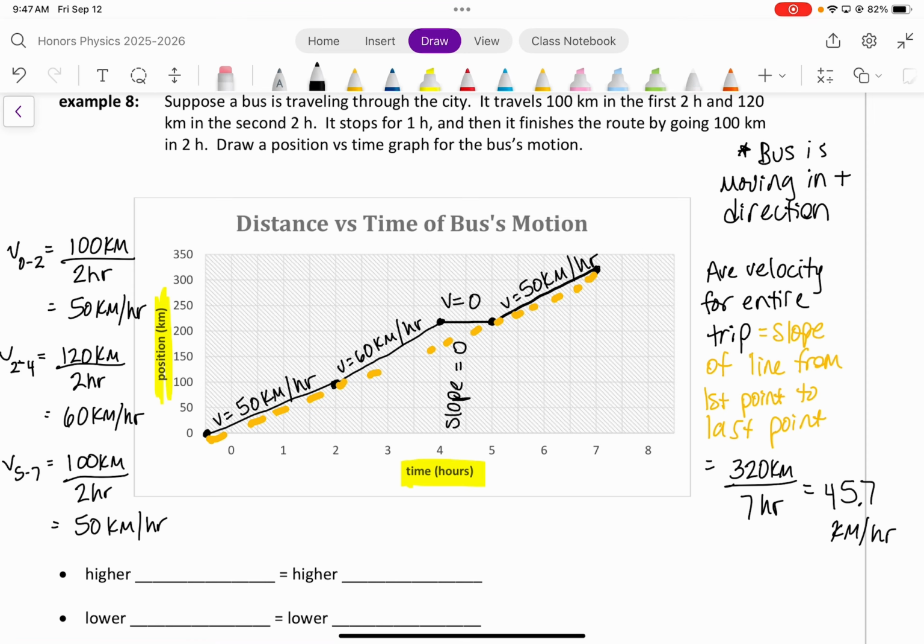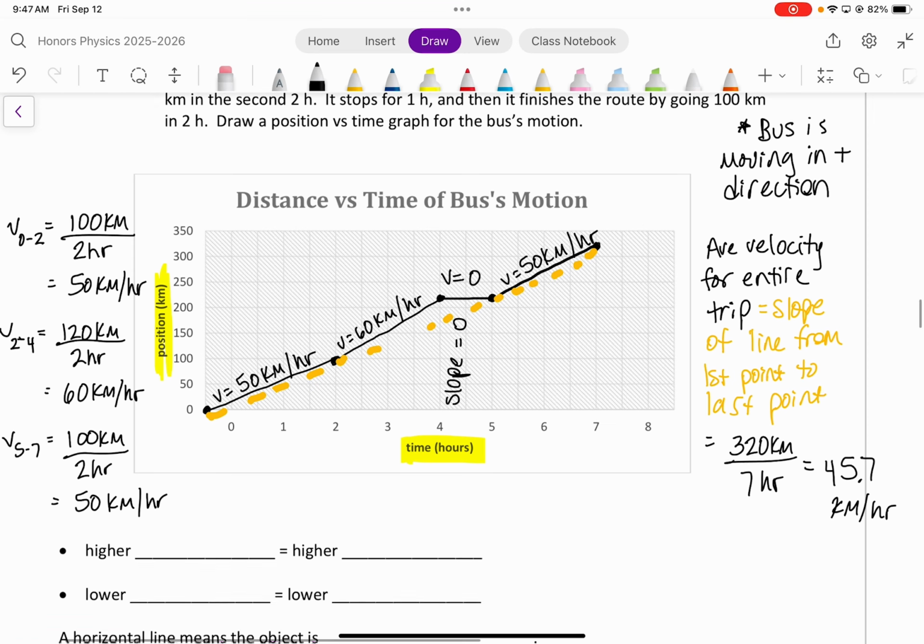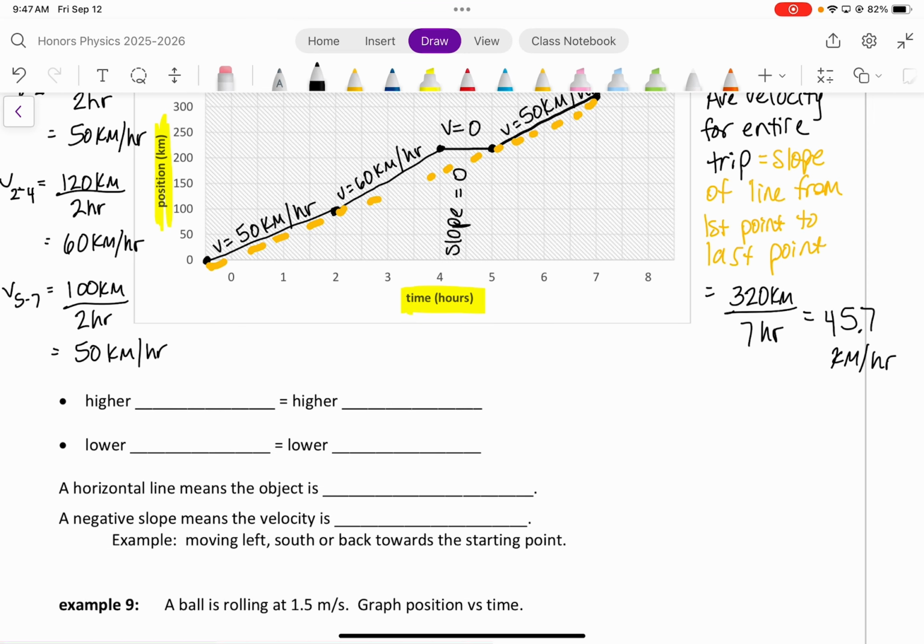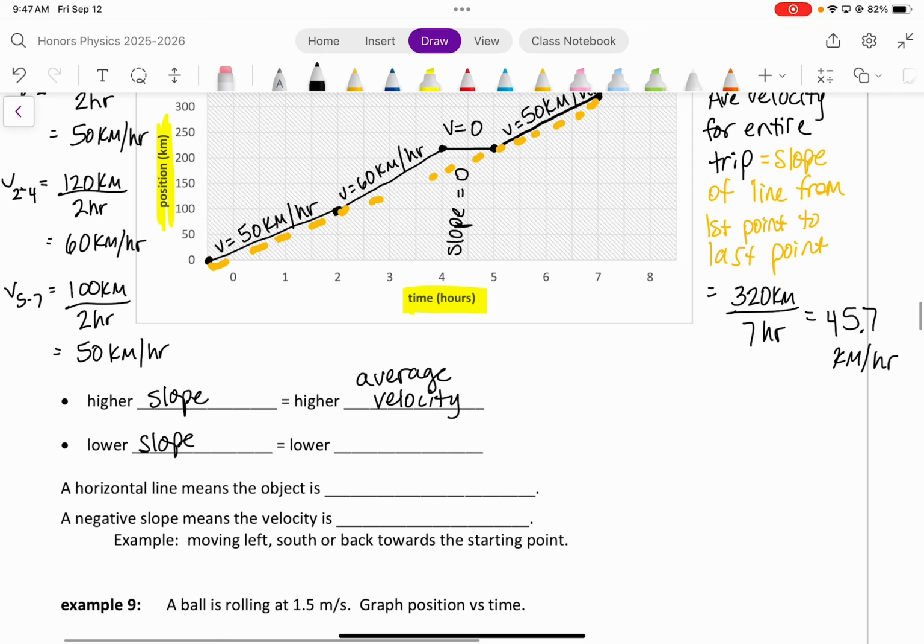Okay? So when I have a higher slope, then that equals a higher average velocity. When I have a lower slope, that is a lower average velocity.